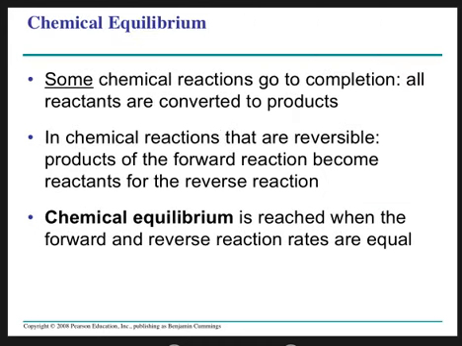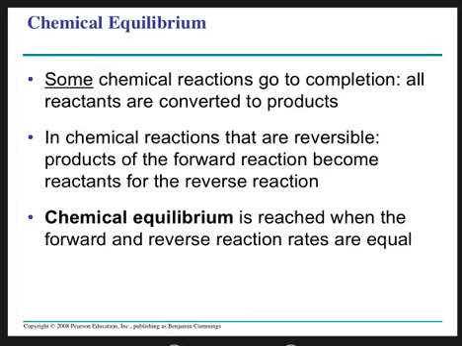Okay. Another definition is chemical equilibrium. Sometimes chemical reactions go until all of the reactants get converted into products, every last one, and then it stops. Sometimes those reactions are reversible. So I can be converting reactants into products, but just as quickly as I'm doing that, those products can be breaking back down into reactants.